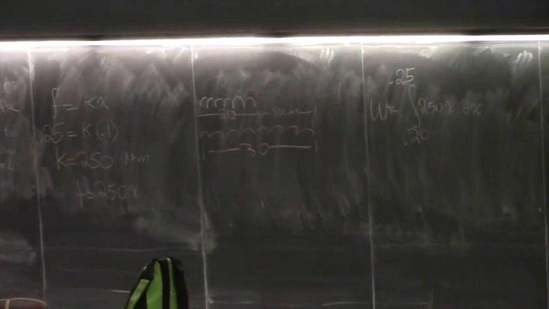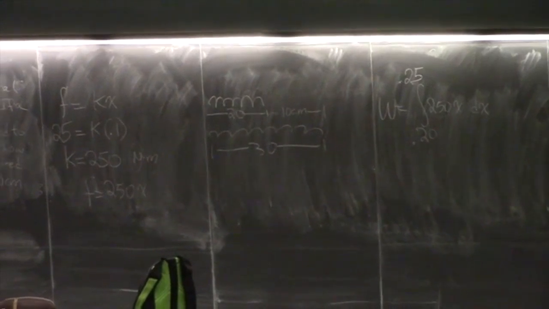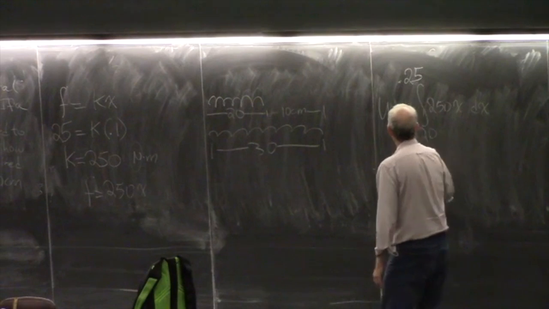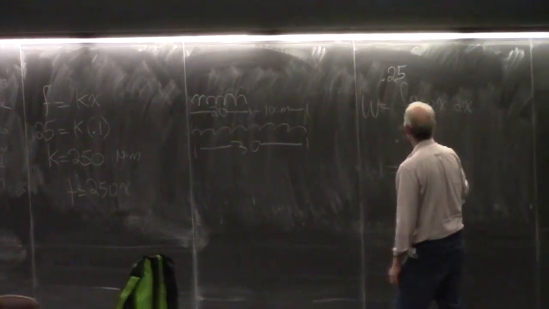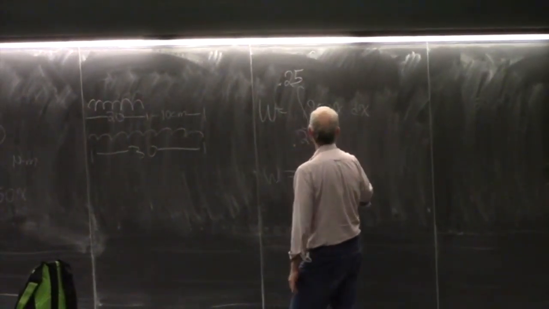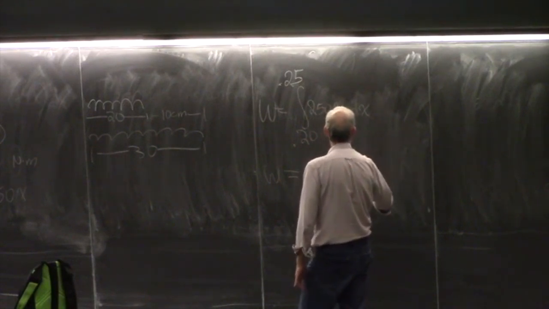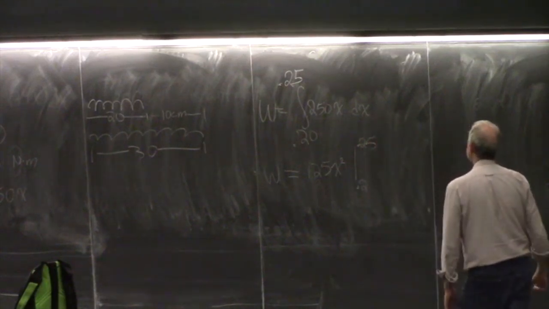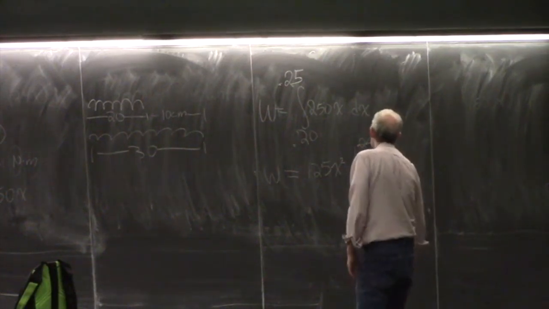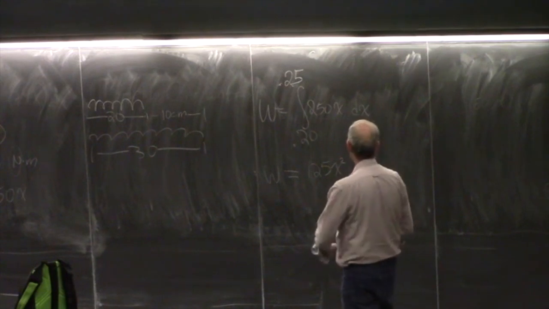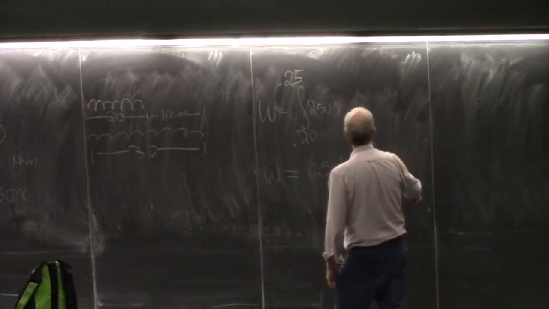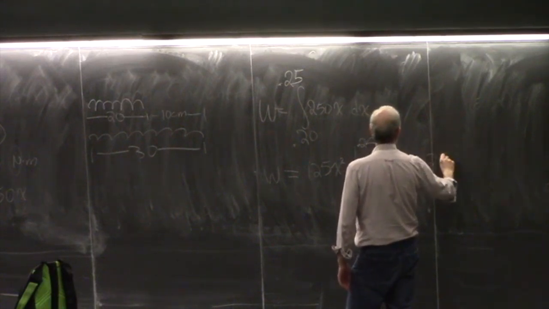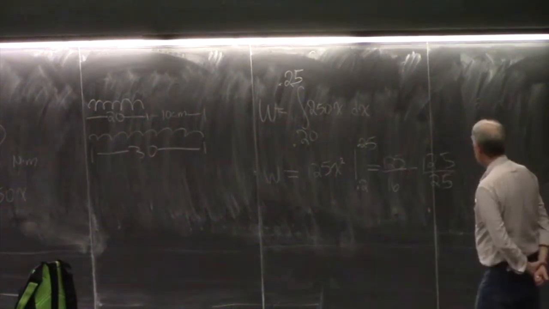Thank you. So now we get to do the math. The integral of 250x is 125x squared, from 0.2 to 0.25. So that's 125 over 16 minus 125 over 25. So far, so good?